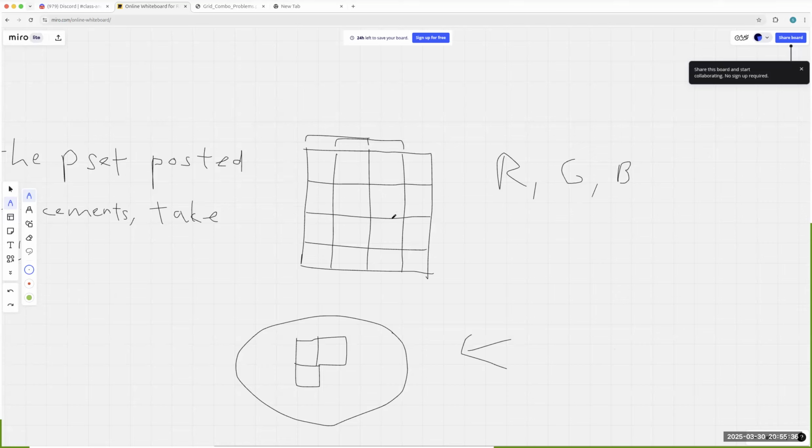And so what we can do from here is notice that each 2 by 2 must contain some color twice, right? And that basically means that at most two of the L tiles that can be put in this 2 by 2 can satisfy the property. Does everyone see why that is?